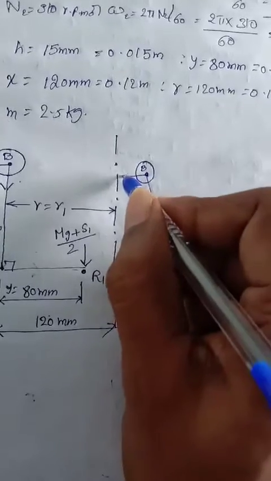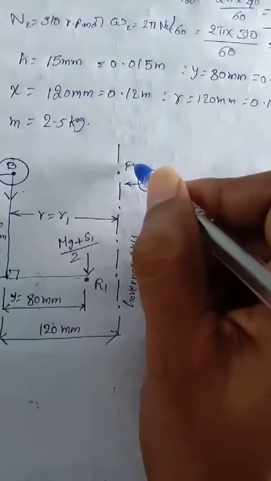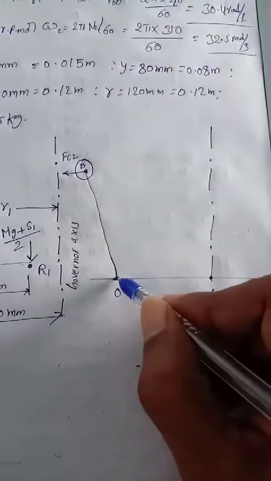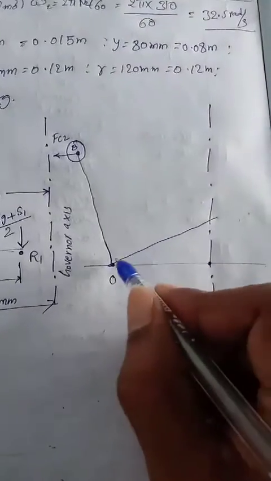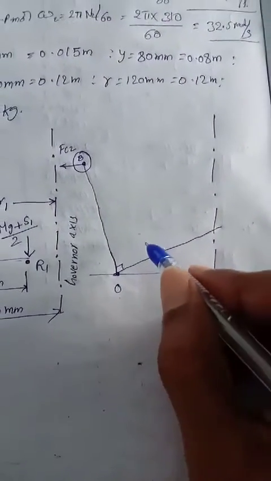This is B, this is Fc2, having exactly 90 degrees.